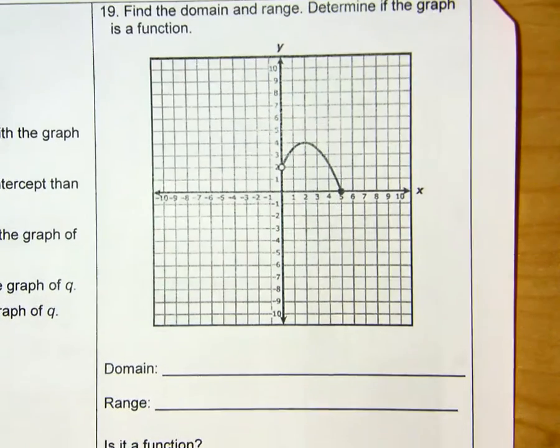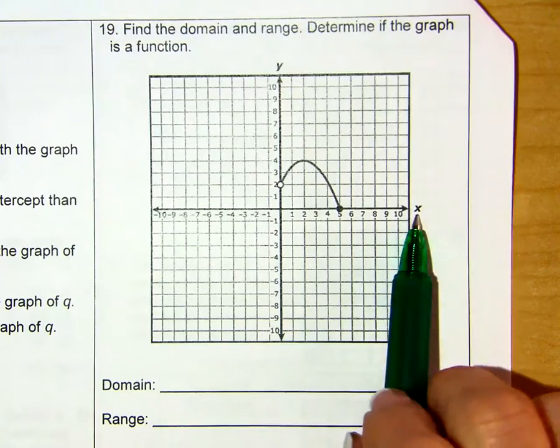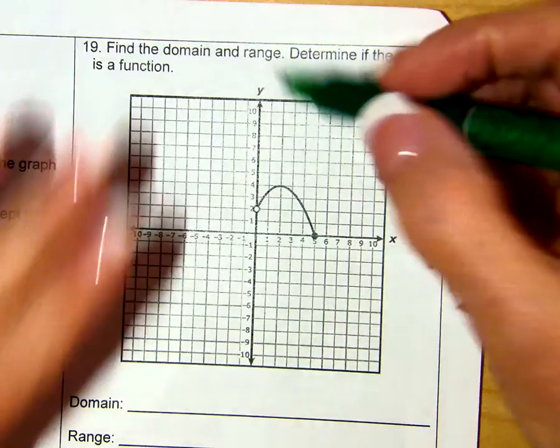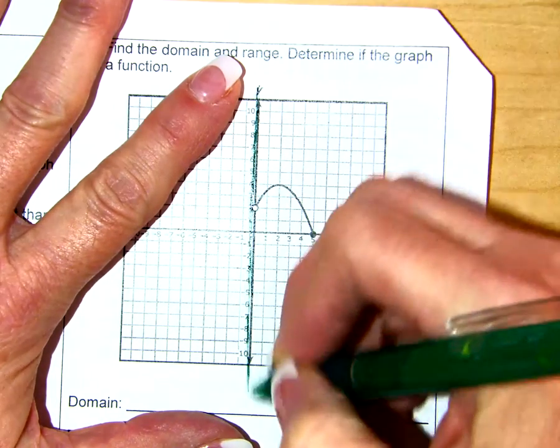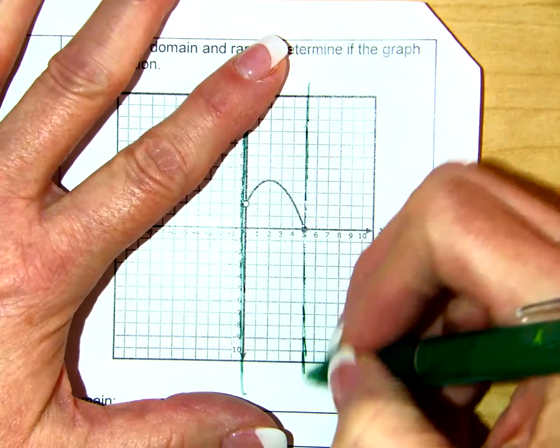For problem number 19, they want the domain and the range, and to determine if the graph is a function. So here's our x-axis. Our x-axis runs left and right, so that means we need to build some walls. We have a wall here on the left-hand side, and we have a wall here on the right-hand side.